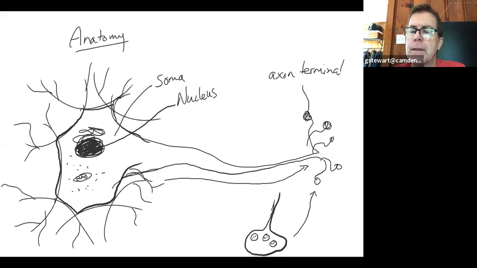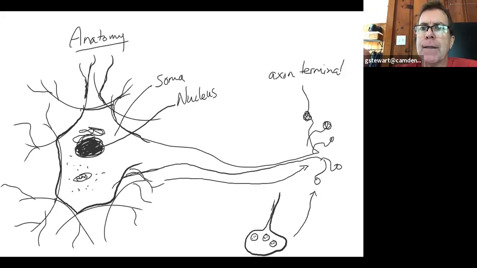Now, other pieces to this anatomy: when I say the word, or you read the word, process, I know that word has dual meaning. When we're talking about the central nervous system processing, that means doing something with information. In this anatomical context, the word process just means branch.